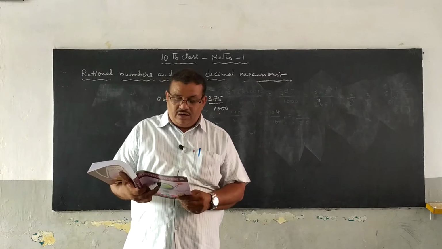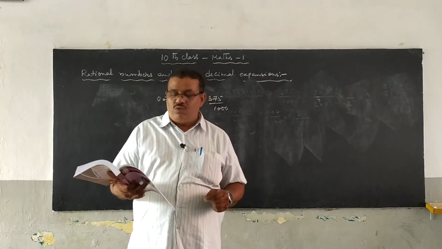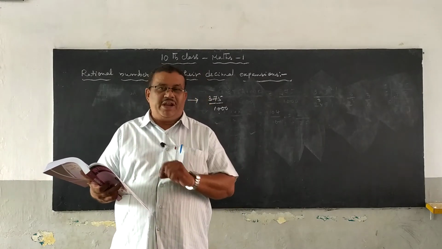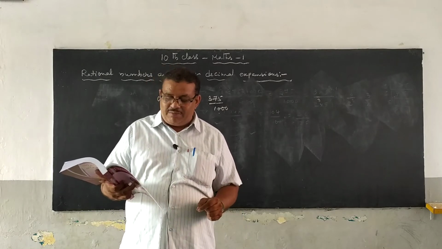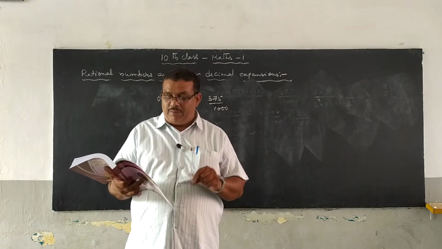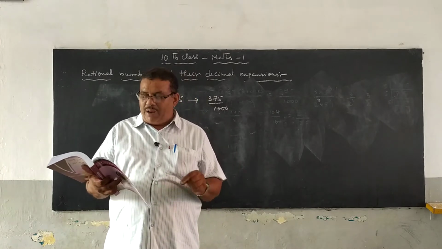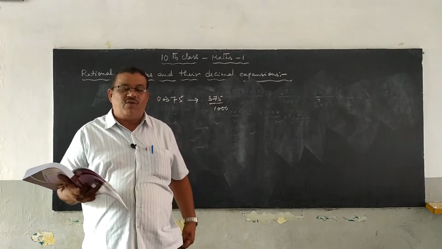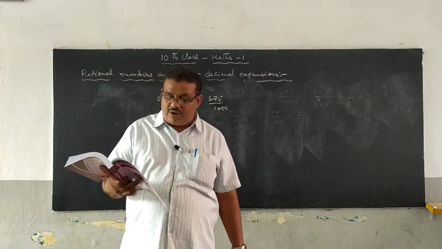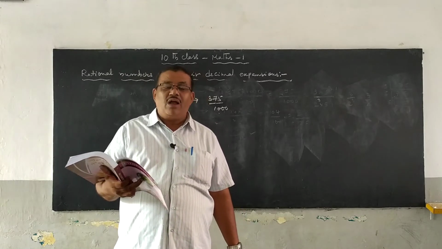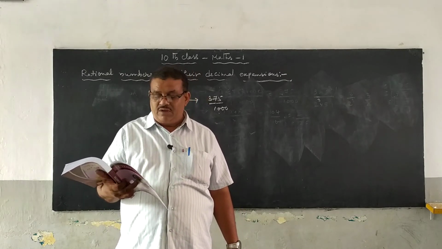Let x be a rational number whose decimal expansion terminates. Then x can be expressed in the form p by q, where p, q are co-primes. The prime factorization of q is of the form 2 power n into 5 power m, where n and m are non-negative integers.